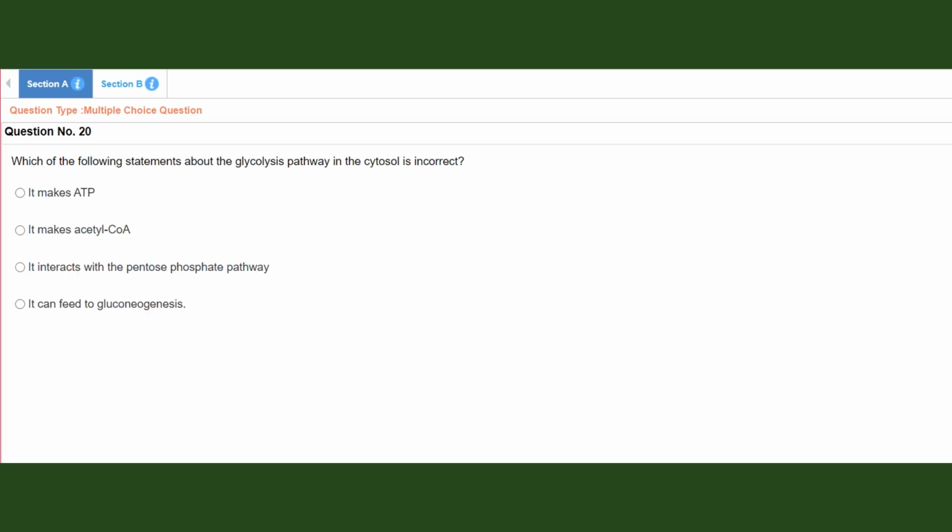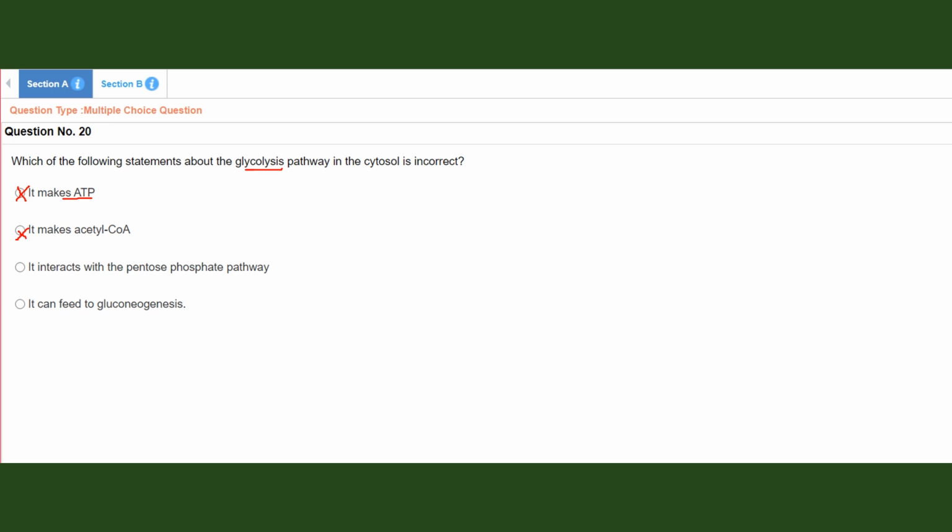Question number 20. Which of the following statements about the glycolysis pathway in the cytosol is incorrect? First, it makes ATP. So it can't be incorrect, because the glycolysis pathway does make 2 ATPs net. Option number 2, it makes acetyl-CoA. Well, the glycolysis pathway doesn't make acetyl-CoA directly, but it makes pyruvate, which follows, and the forward reaction forms acetyl-CoA later on. Next, it interacts with the pentose phosphate pathway.